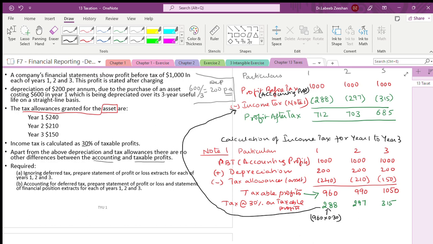This is entirely different. It is only taxable profits. Are you clear now? Yes, it's clear. On these profits, we calculate tax.